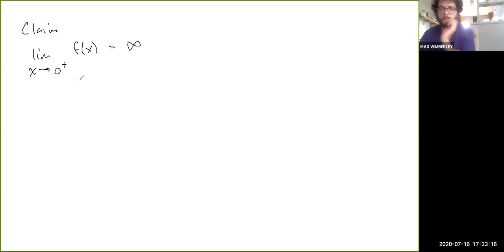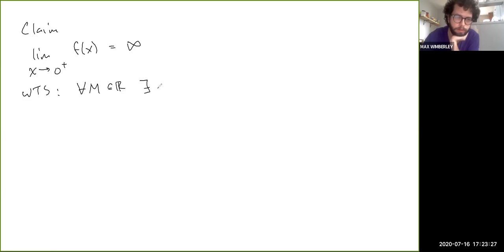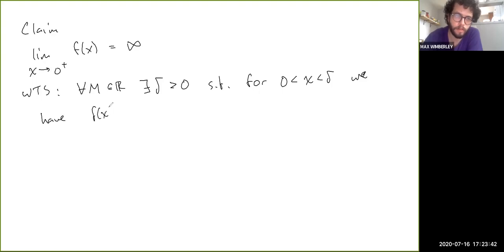So for this, the property would be, for all m, there exists a delta greater than 0, such that for 0 less than x less than delta, we have f of x is greater than m, right?